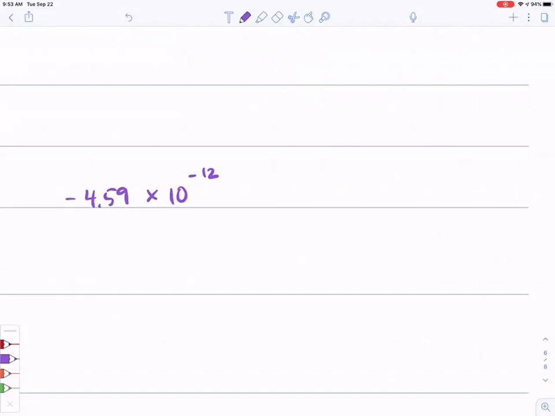Times 10 to the negative 12 says you take your decimal place and move it to the left 12 places. So literally this is negative 0.000000000004 59. I would say this is pretty close to 0.